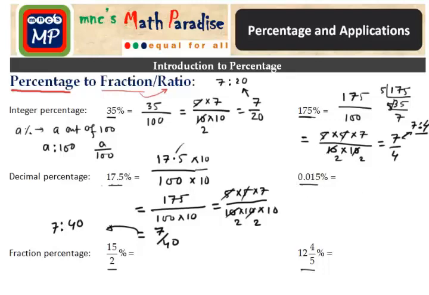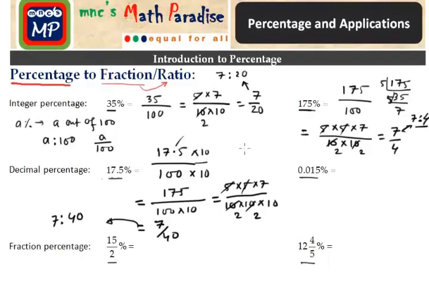Let us do this one. 0.015 percent. So ultimately we will take the value 0.015 division 100. Now we need to simplify it. So if we make it integer, this 0.015 can be written as 15 over 1000, for decimal point there are 3 zeros, 1 2 3, and then this 100 is still there.